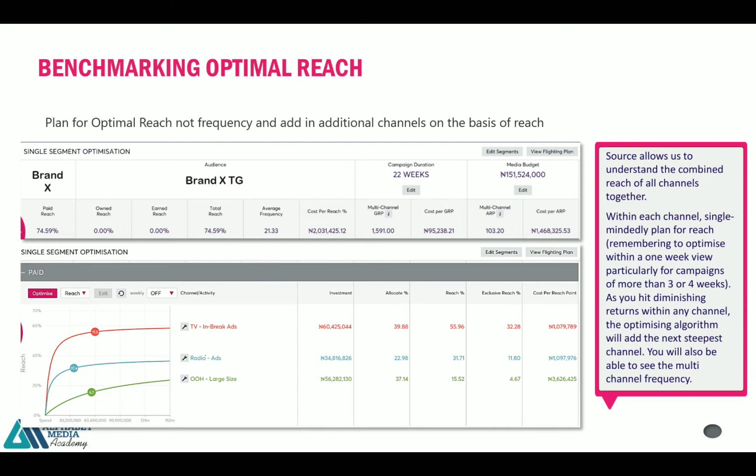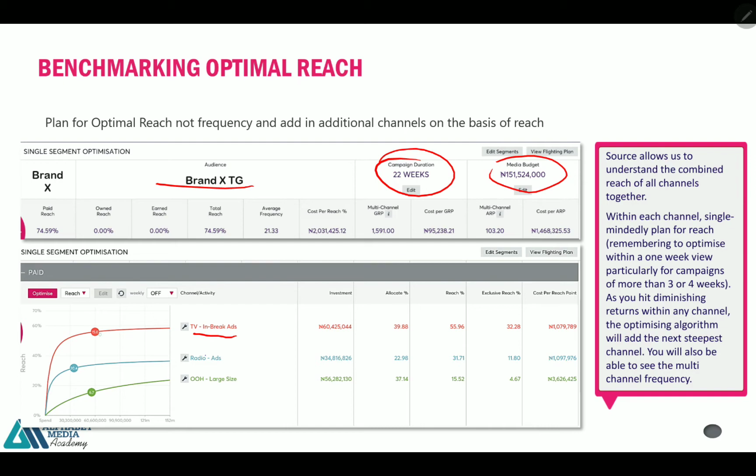I'll come again. This tool, in essence, enables us to aggregate reach in such a way that we optimize the investments. In the example you're seeing on the screen, there is 150 million naira being invested over a 22 weeks period for a certain brand X. We're able to optimize our media investments in such a way that we can determine the maximum reach for each media type.